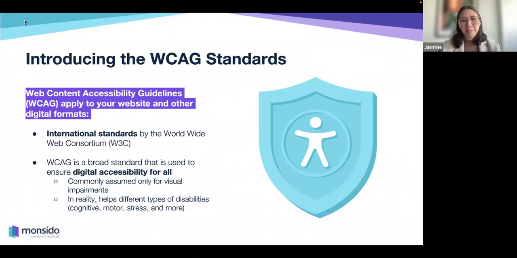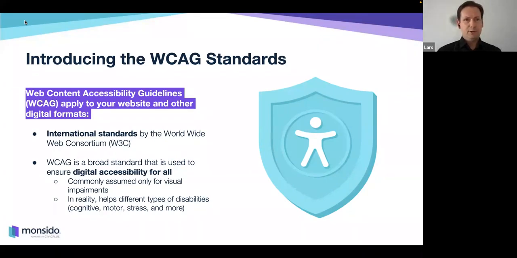So, introducing WCAG, I'm going to say a little bit about what the WCAG standard is. It's a broad set of guidelines for web accessibility. It's an international standard, meaning it's a global thing. It comes from the World Wide Web Consortium, the organization that creates a lot of the standards and technologies we use on the internet today.